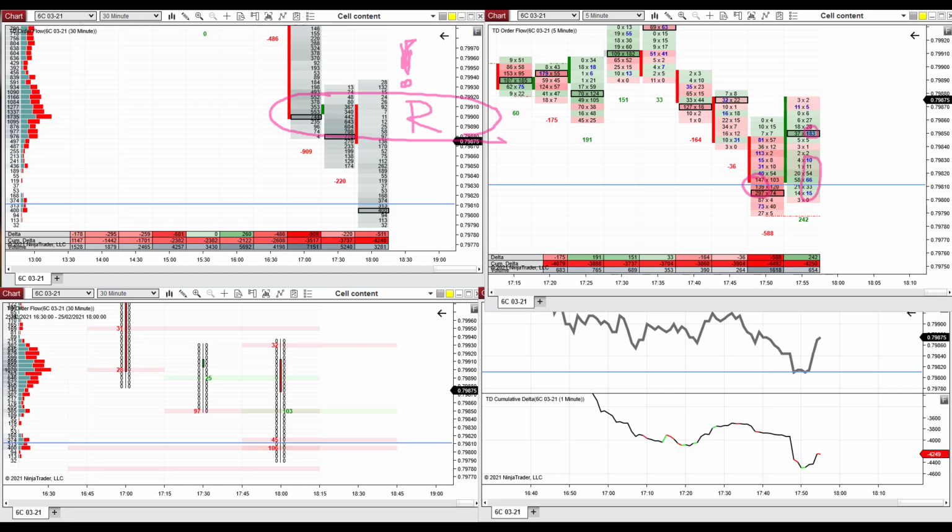All right. This is actually the beginning of the resistance at 79.88, so it will probably be safest to close the trade there.